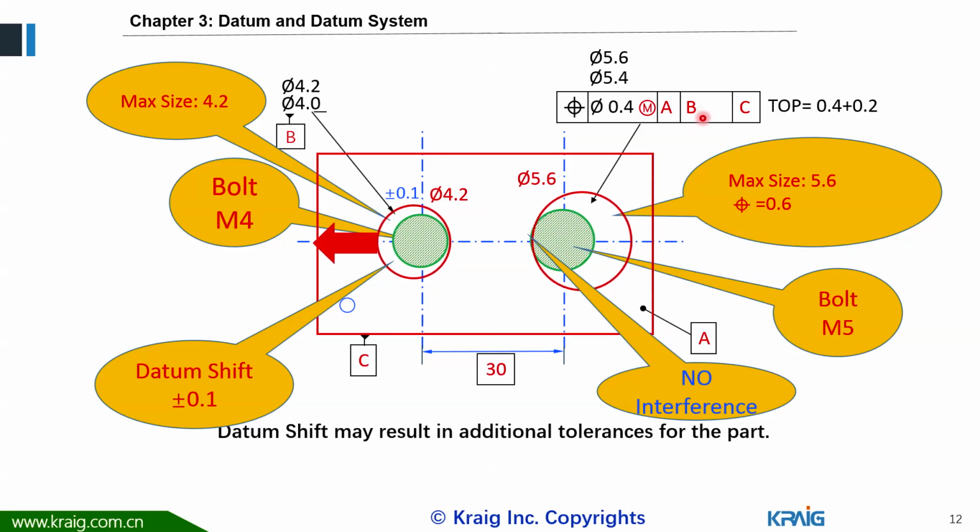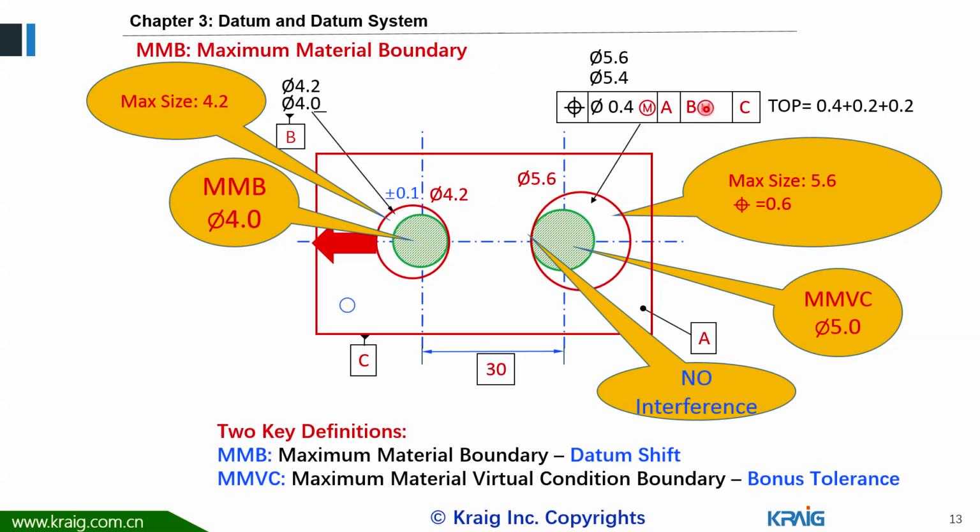So that's why we need to add the MMC modifier after datum B. So basically this datum B tells you we can move the total part if there's a gap between the datum B hole and the mating part.